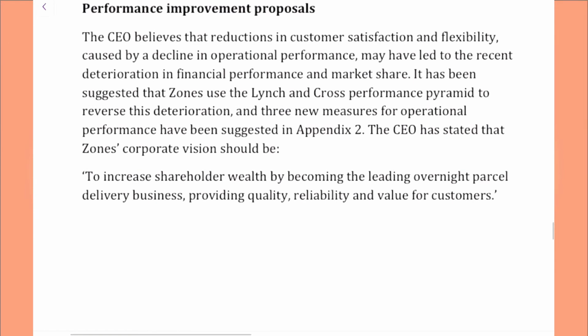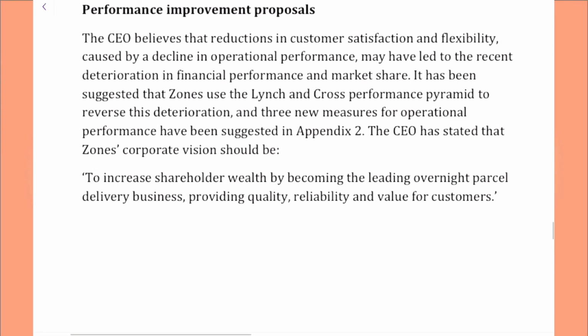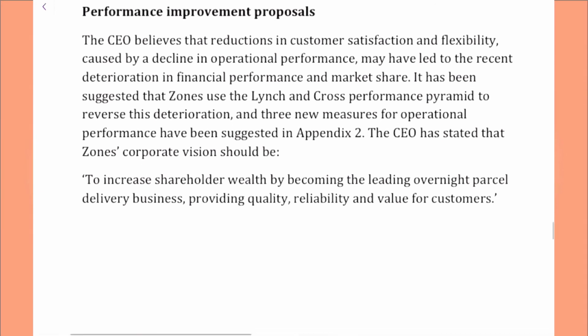Now, what about the performance improvement proposals here? Because I do see a few inefficiencies here. So let's take a look at how these can be removed, shall we? The CEO believes that reductions in customer satisfaction and flexibility caused by a decline in operational performance may have led to the recent deterioration in financial performance and market share.